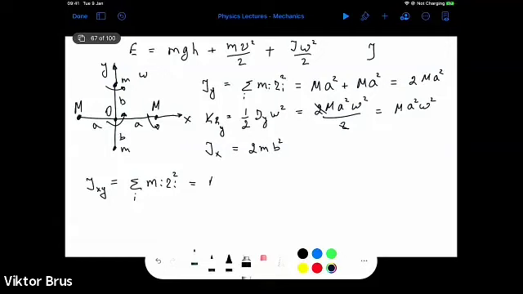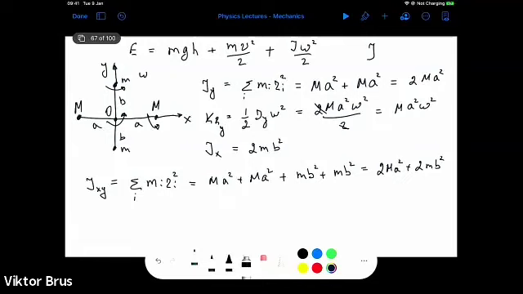So it will be m a squared plus capital M a squared plus m b squared plus m b squared. So we eventually have 2ma squared plus 2mb squared.